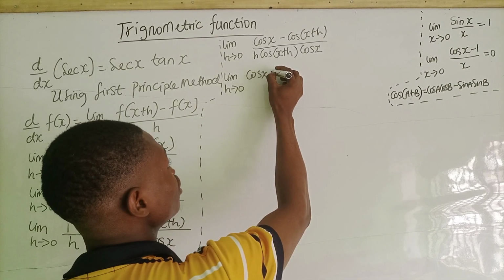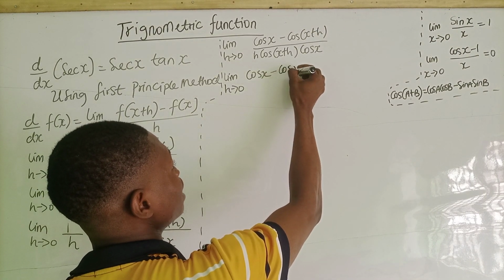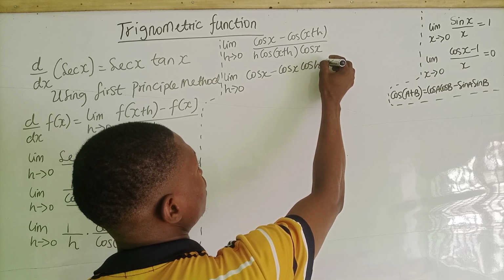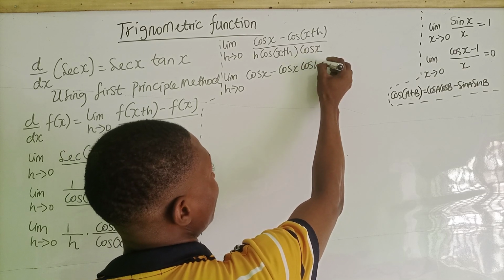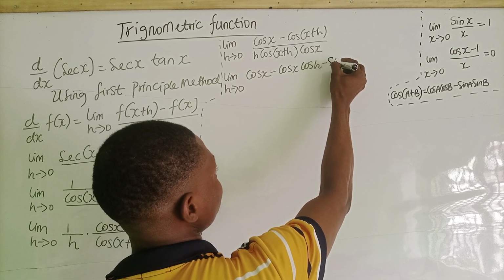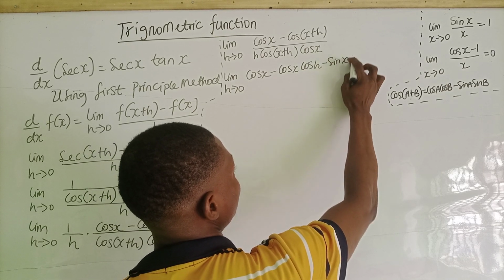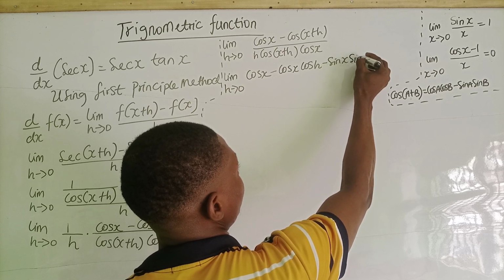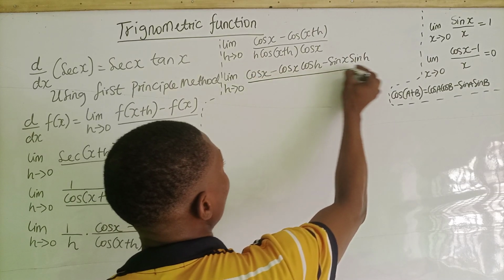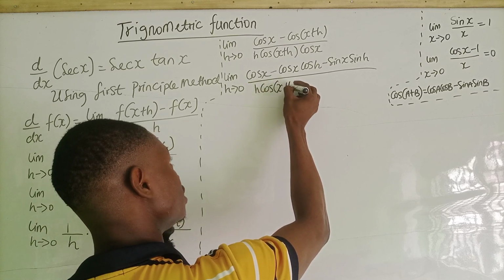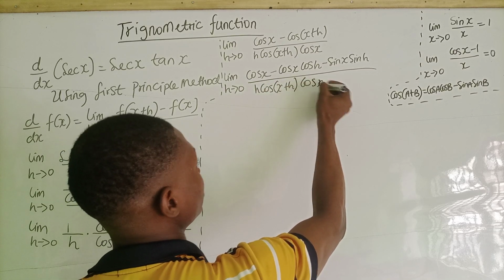So let's do it. It's going to be minus cos x cos h, then minus sin x sin h, all over h cos(x + h) cos x.